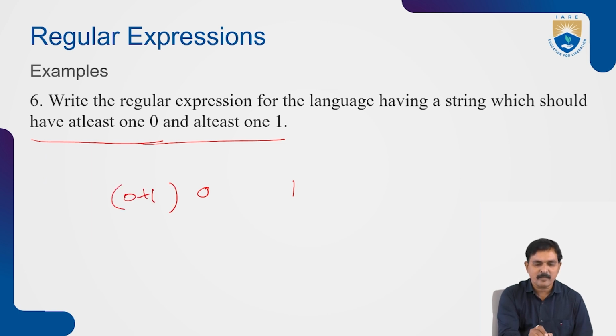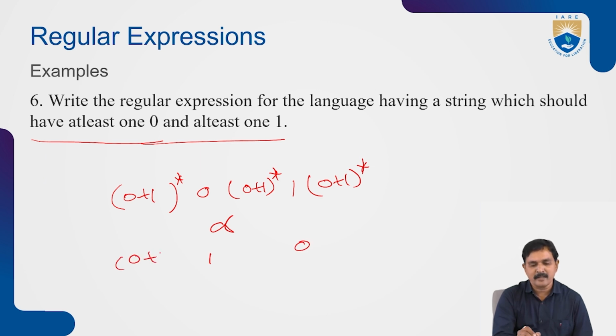After that, maybe 0 plus 1 whole star, 0, 0 plus 1 whole star, 1, 0 plus 1 whole star. Or it may start with the 1 also. Next we are getting another pattern with 0 also, 0 plus 1 whole star, 0 plus 1 whole star, 0 plus 1 whole star.